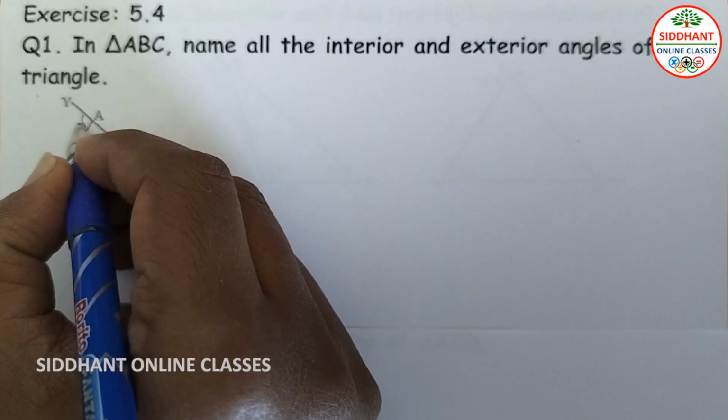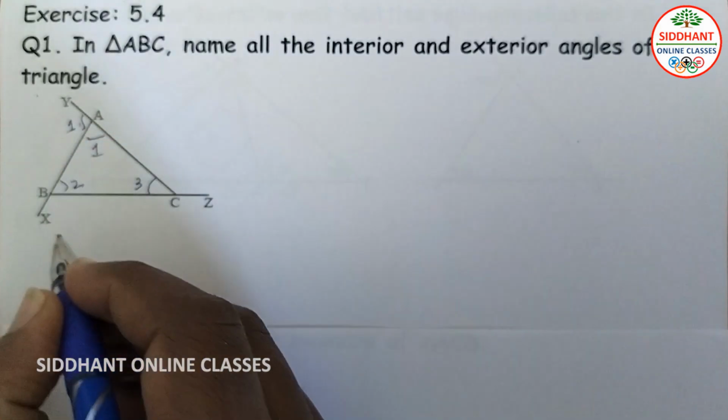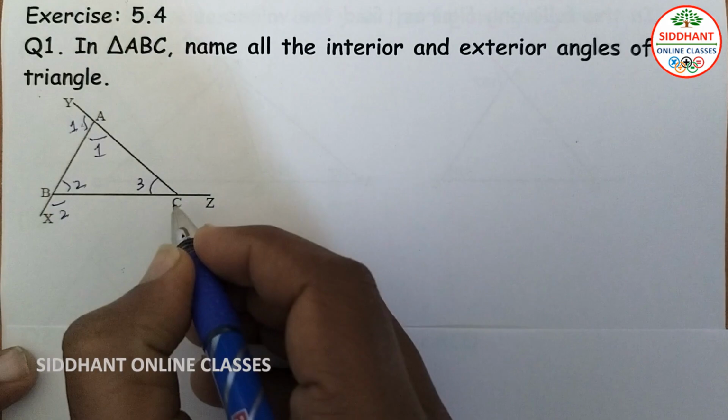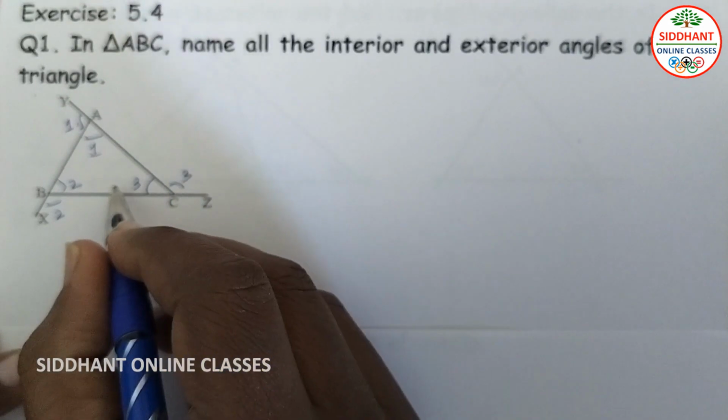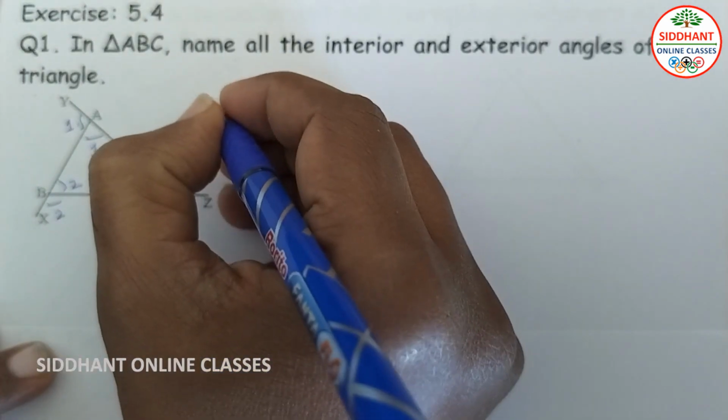So this is 1, this is 2, and this is 3. So these are the interior and exterior angles. Now we will write.